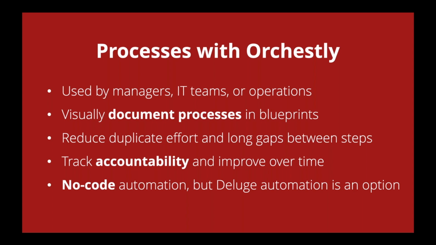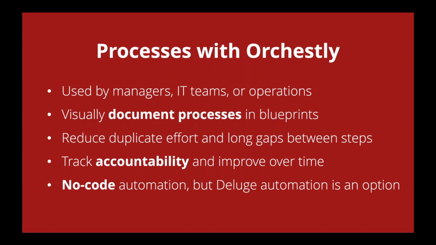So basically, I can set up a process, and once person A completes the thing they have to do, it gets passed to person B and then to person C, and I can set up Orchestly to automatically send out a text message or an email, so that as soon as person B can start their step in the process, they know that it's now available for them to start.